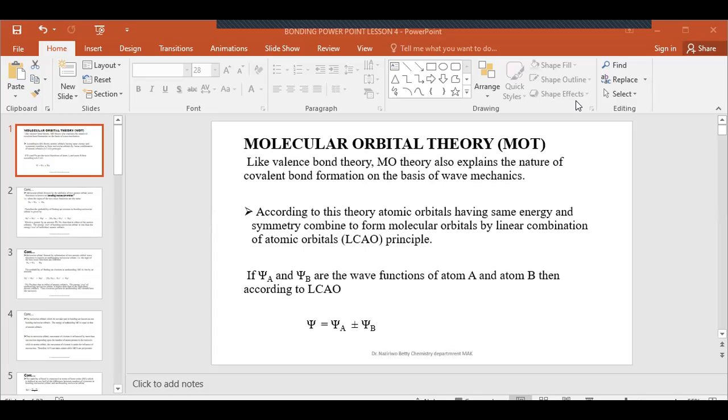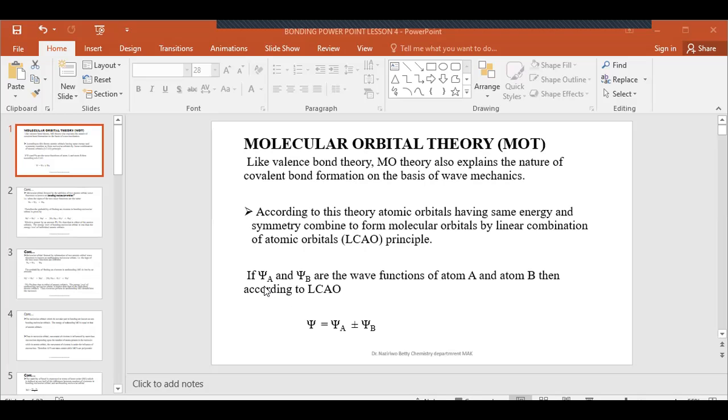It gives information about its location in the orbital, orientation in space, probability of locating the microparticle, and its energy. Since the microparticle, say an electron, moves like a wave, this eigenvalue, phi, is referred to as a wave function.